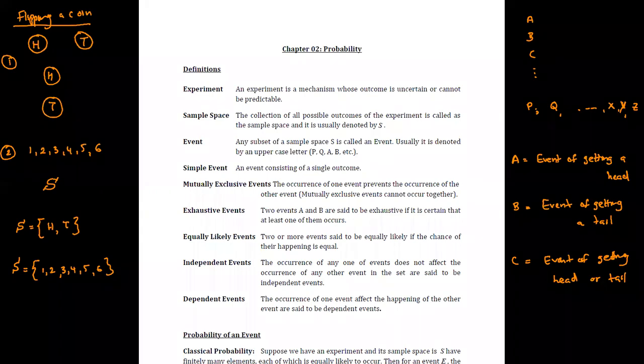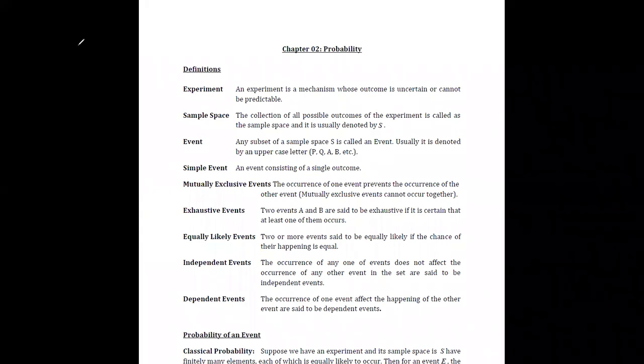If you consider the second experiment of rolling a die, then we have identified that S is from 1 to 6.